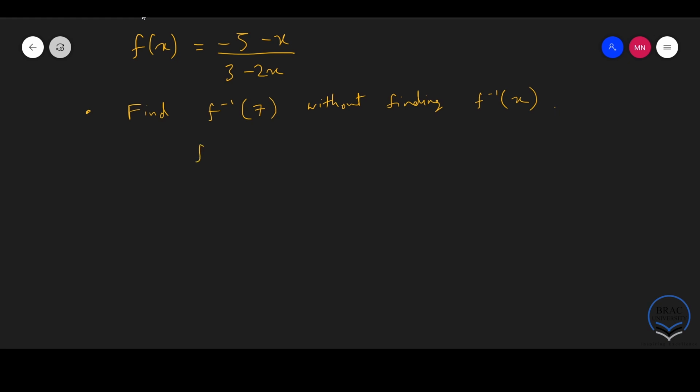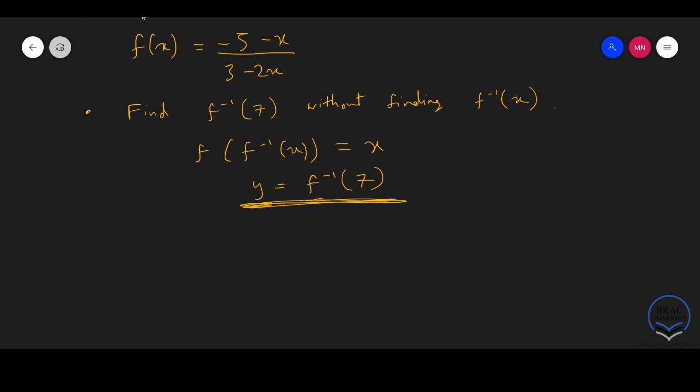So once again, we know that f of f inverse of x should give us x. So if we let y be equal to f inverse of 7, and we're just doing this for simplicity, it's easier to work with just y instead of writing f inverse of 7 all the time.